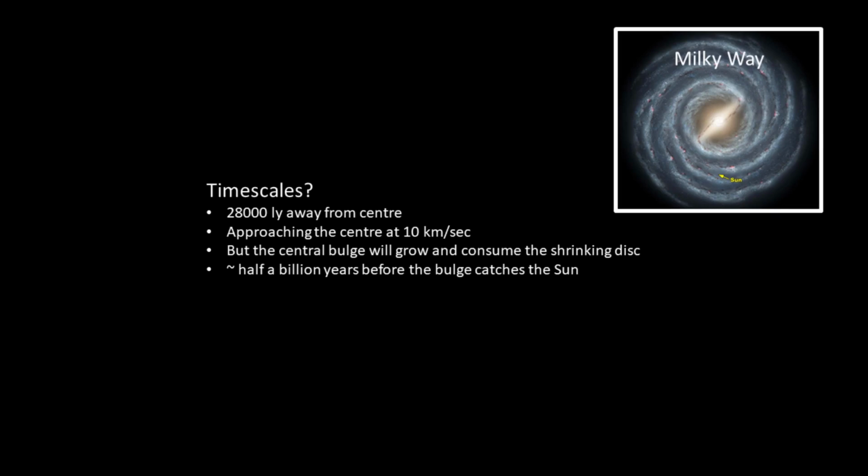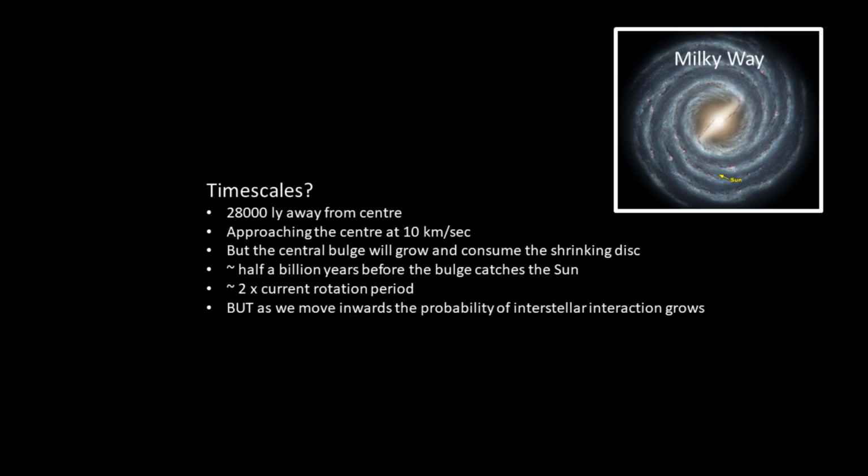Most of the disk will then have fallen into the bulge. Interestingly, that's only about twice the current rotation period of the galaxy. Spiral galaxies really don't last very long. As the Sun moves inwards, the star density will increase. Within the bulge, variations in star speed will also increase.